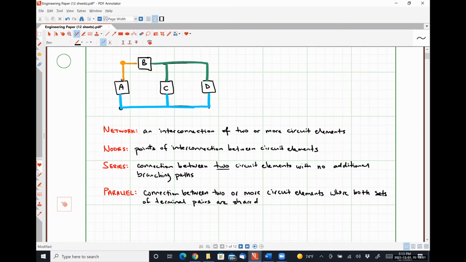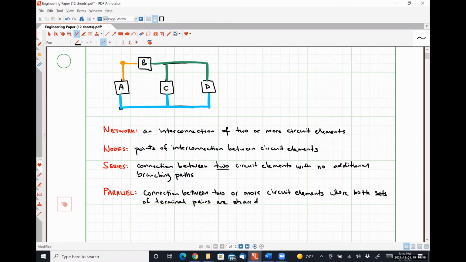Element B is not in parallel with elements C and D because while they do share the green node, B isn't connected to the blue node, just like C and D isn't connected to the orange node. So they can't be in parallel unless both of their nodes, the top node and the bottom node, are all matched to the same color, okay?